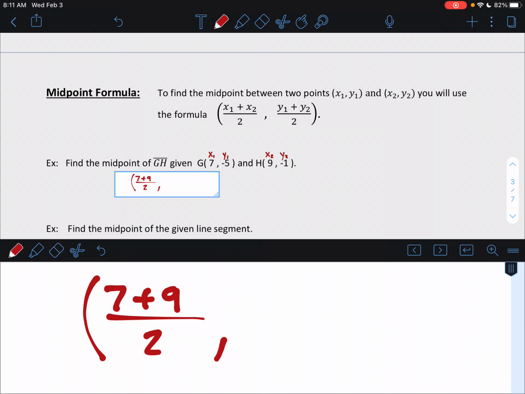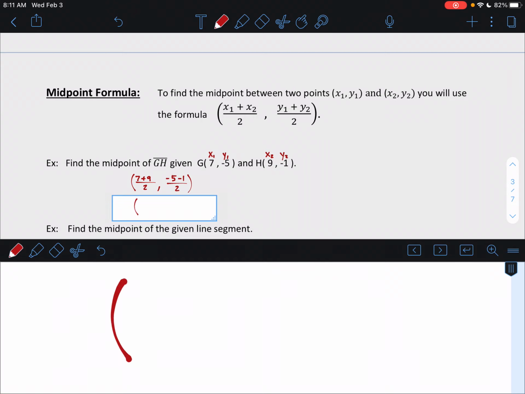And then the y values, y1 plus y2, so negative 5 plus negative 1. Instead of plus negative 1, I'm going to say minus 1, over 2.